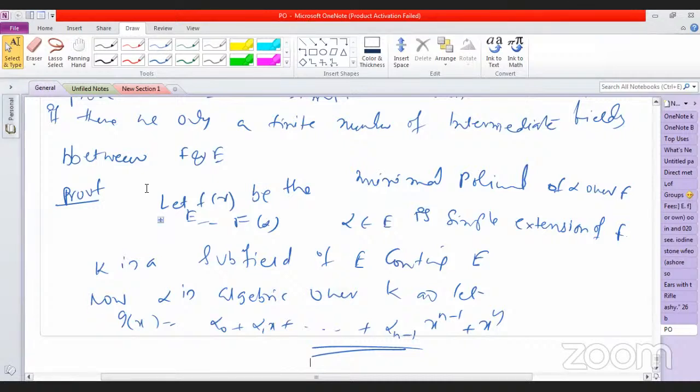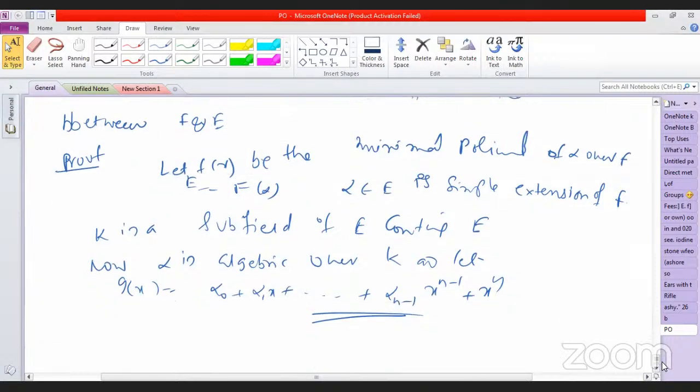By the minimal polynomial x power n, with the minimal polynomial of alpha over K we are taking here.